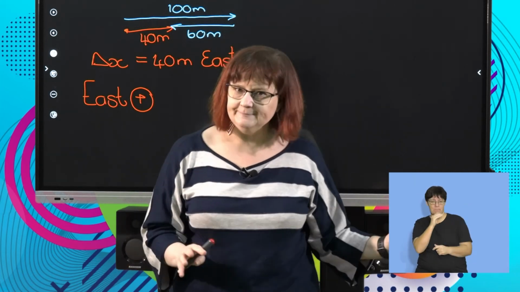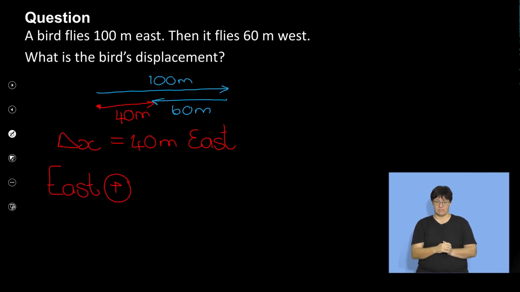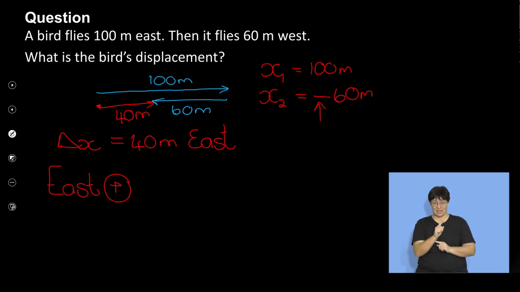So that means for me that my first distance, okay, was 100 meters, and that's positive. My second distance was 60 meters west. That makes it minus 60, okay? That minus isn't a negative number like on the number line.